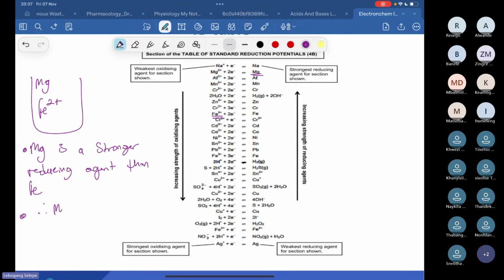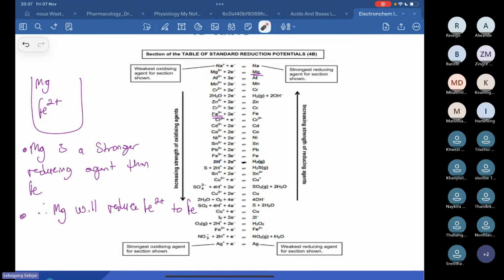Therefore, Mg will reduce Fe2 plus to Fe, right? So you must mention what it reduces from what to what. So it will be able to donate its electrons to Fe2 plus, then Fe2 plus would become Fe, right? So that's how the reaction will take place.